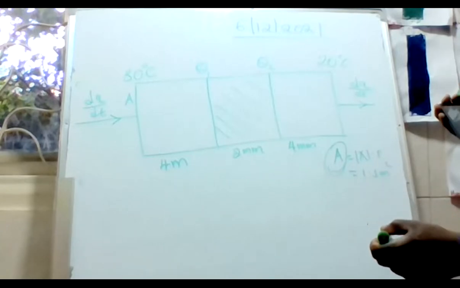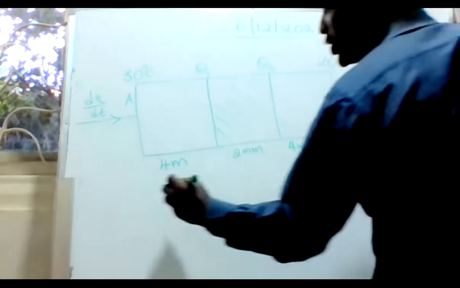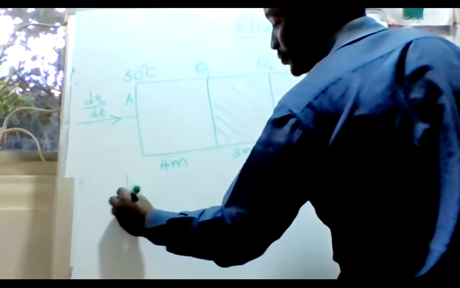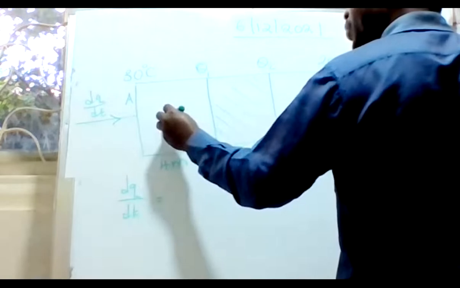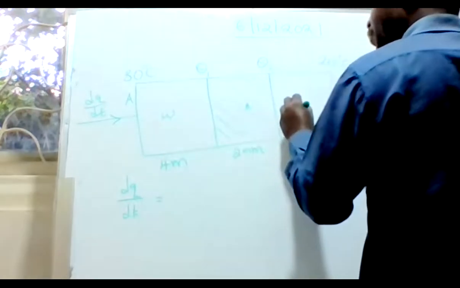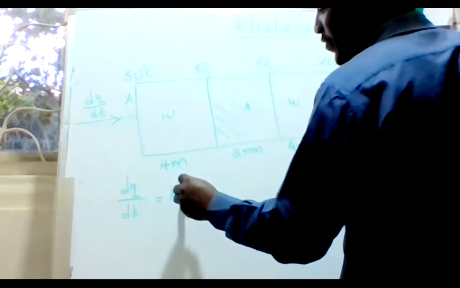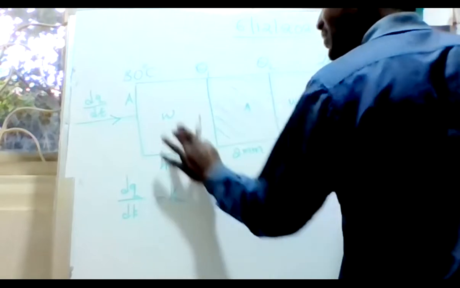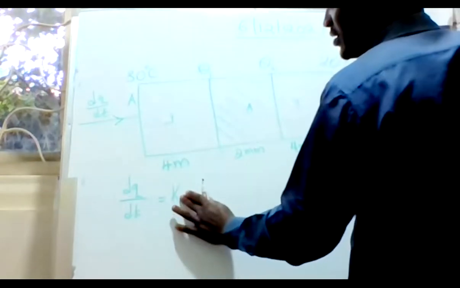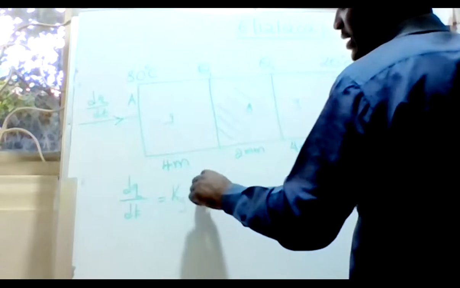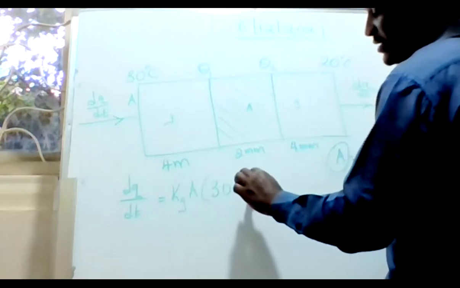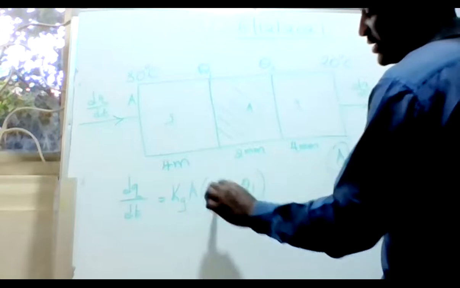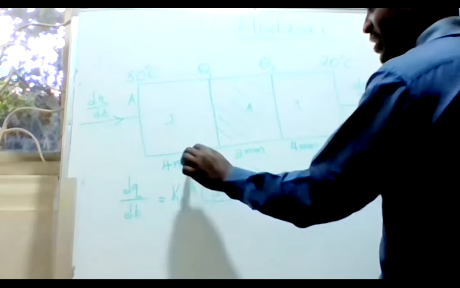Are we together? Now, we know that the rate of heat flow Q over t is equal at this point. I'm going to call this the window, and this one is air, and this is also window. So it is equal to the conductivity of the window, which here is glass, so I'm just putting it K_g, times the cross-sectional area, then multiplied by the temperature difference, 30 minus theta 1, divided by 4 millimeters.